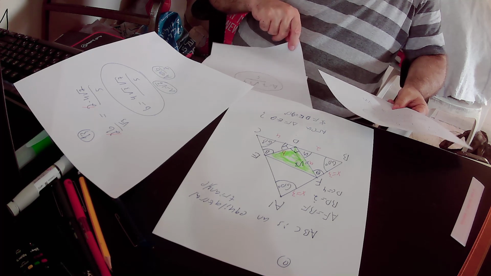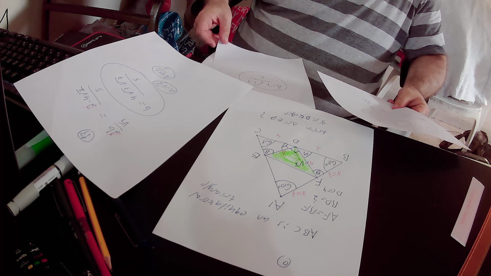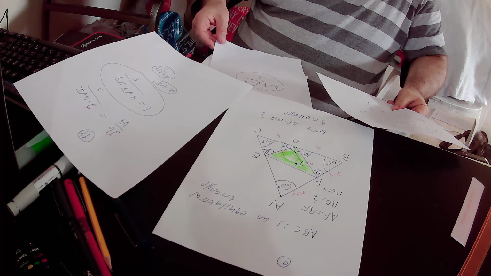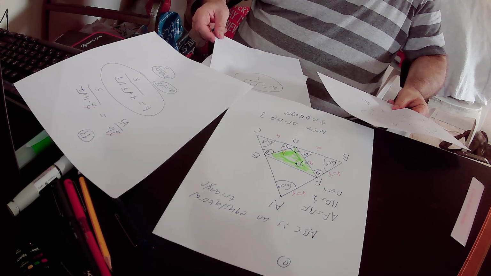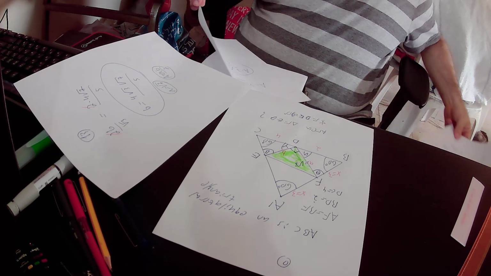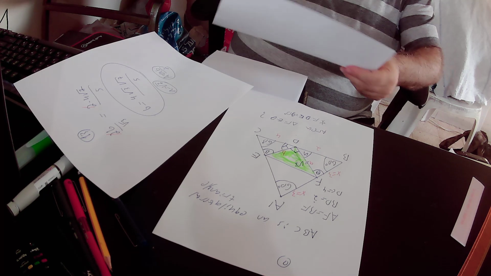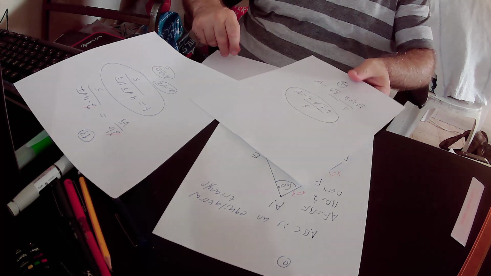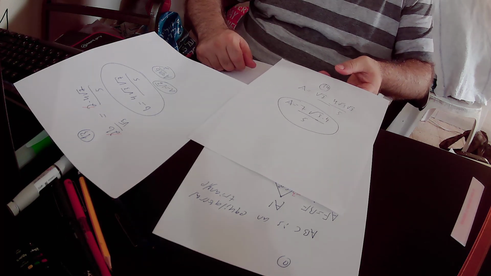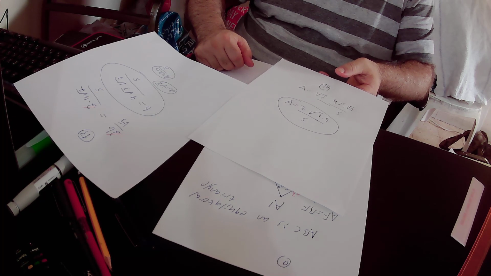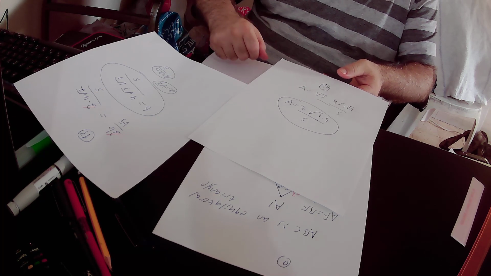So in total we got that the area of the triangle equals 7 times root of 3 times 4 over 5.